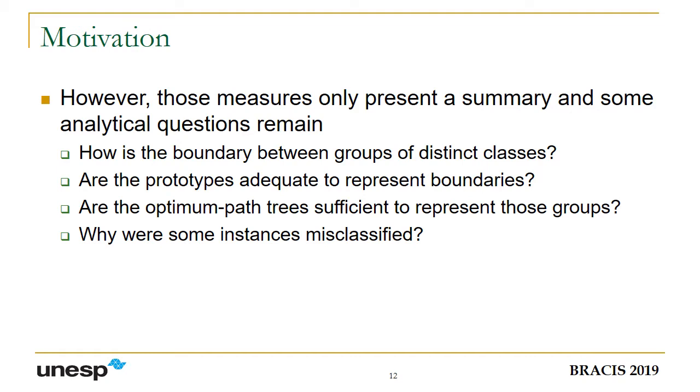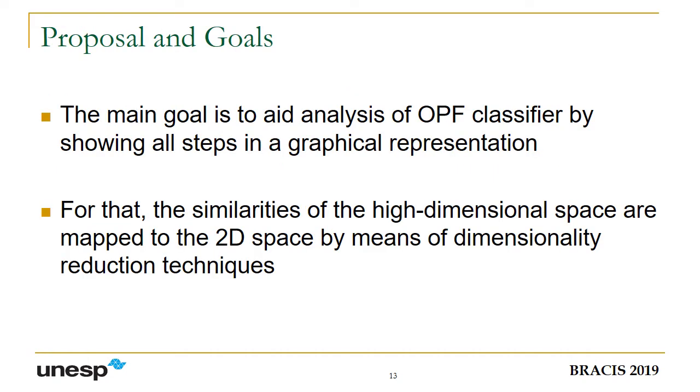Why were some instances misclassified? These questions we are going to try to answer using our visual approach. So the main goal of this work is to aid the analysis of OPF and answer all of those questions, showing all steps in a graphical representation of the feature space.